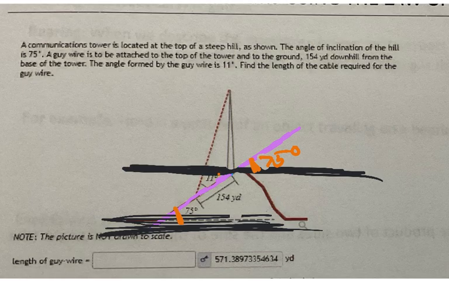then I also know this angle is 75 because those are vertical angles. And vertical angles are congruent.